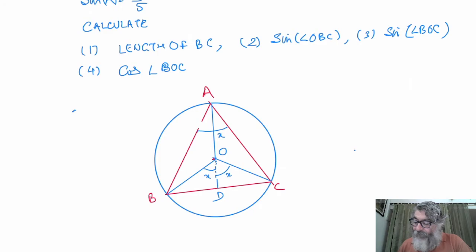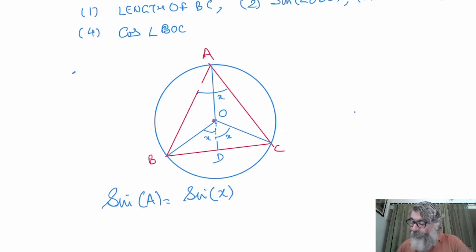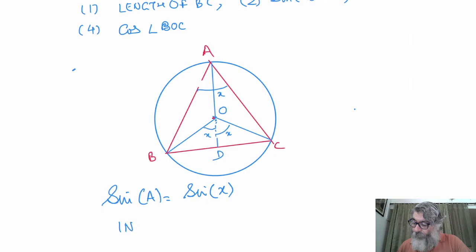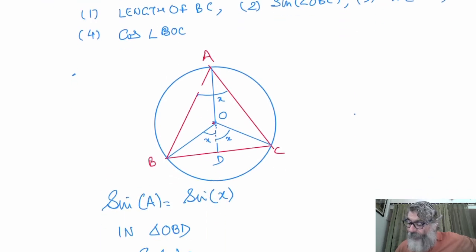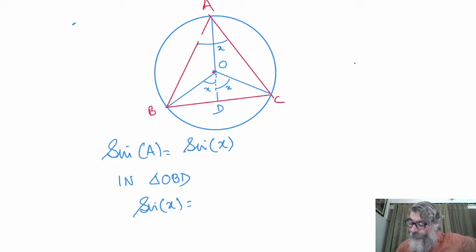So X is angle A. Sine of angle A means sine of angle X. So I will take triangle OBD. In triangle OBD, sine of X is given as 3 upon 5, and 3 upon 5 means perpendicular upon hypotenuse.